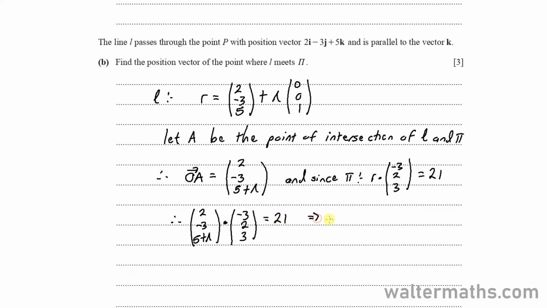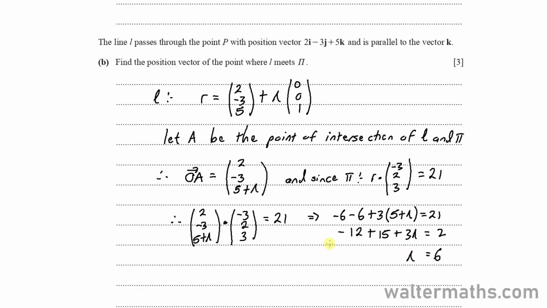So this means that minus 6 minus 6 plus 3 times 5 plus lambda is equal to 21. That's minus 12 plus 15 plus 3 lambda equal to 21. So if we solve this equation for lambda, we will get lambda coming out as 6.